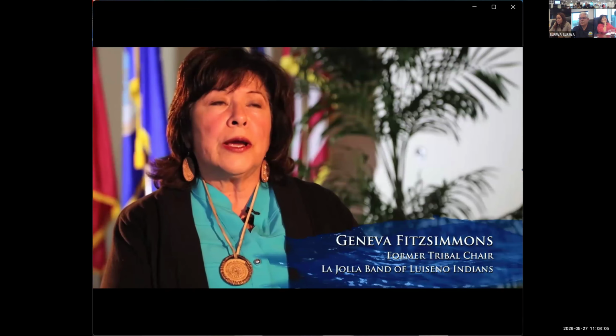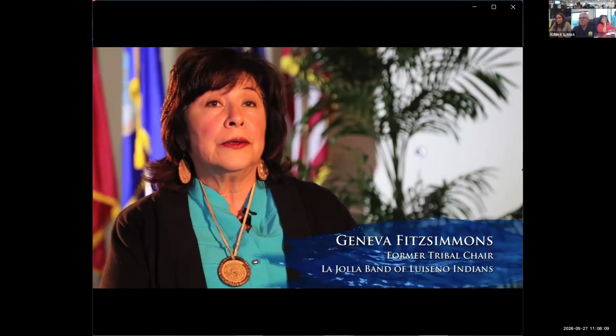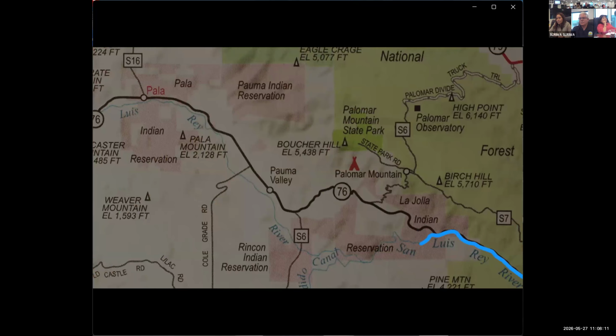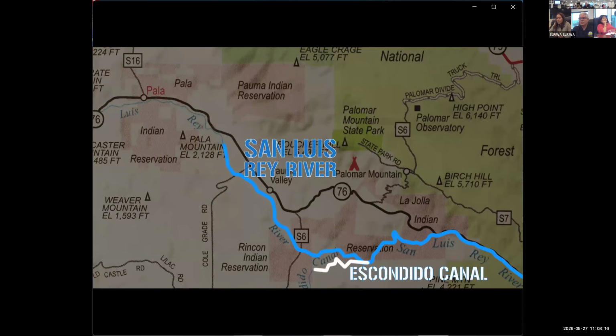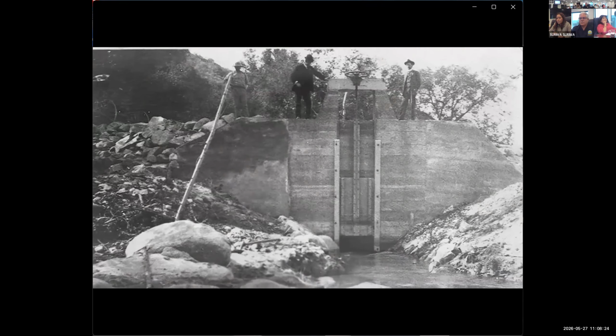They just signed a contract to build a diversion dam. Where did they think we were going to get our water? In 1914, the Secretary of the Interior entered into an agreement on behalf of the Rincon Indians, but without their consent or consideration, and he gave Escondido Mutual Water District all the water rights to the river.